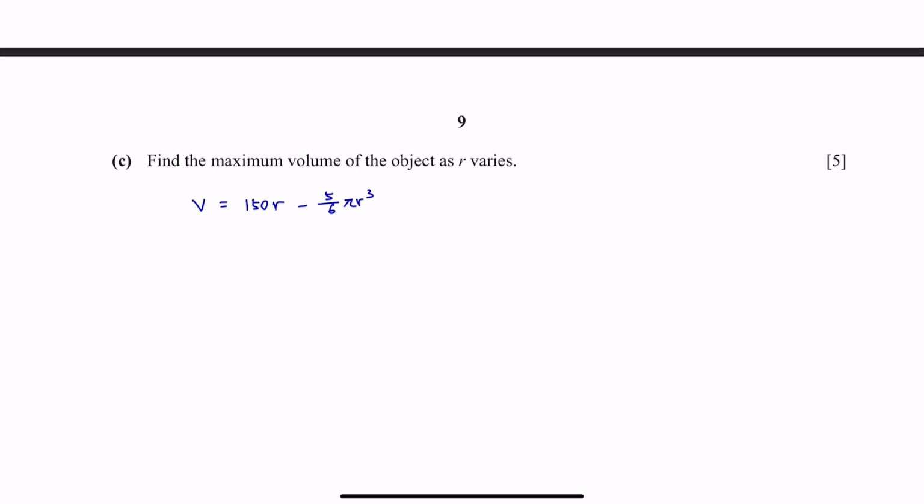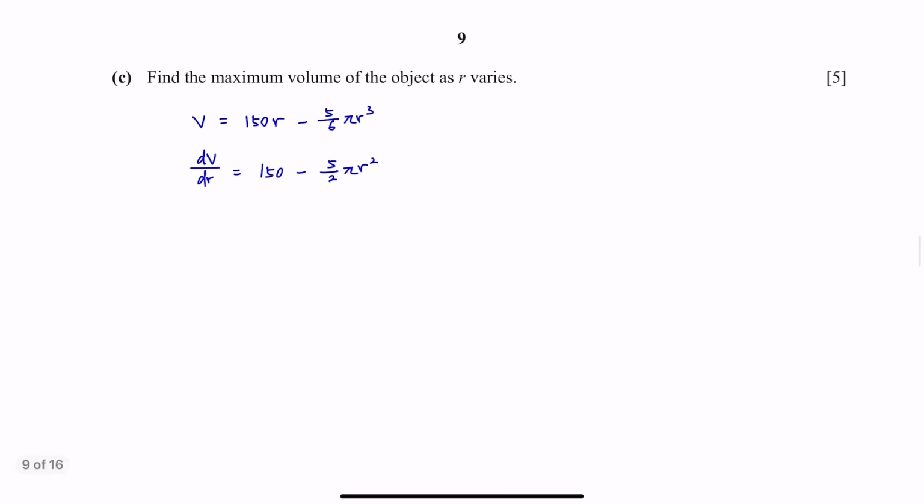We differentiate in terms of r, so dV over dr is equal to 150 minus 5 over 2 pi r squared. And we equate this whole thing to 0. So we have r squared equals 60 over pi, and r would be plus minus the square root of 60 over pi.